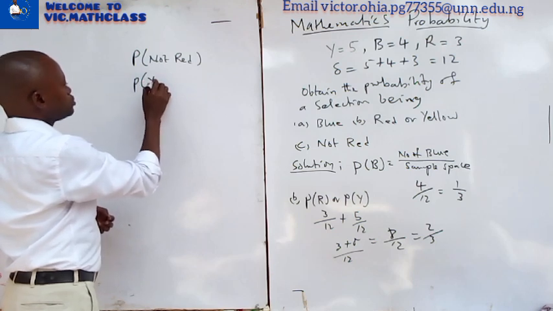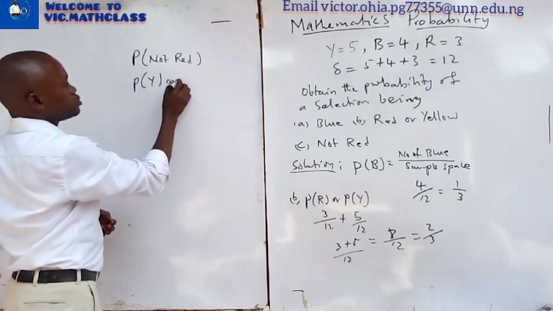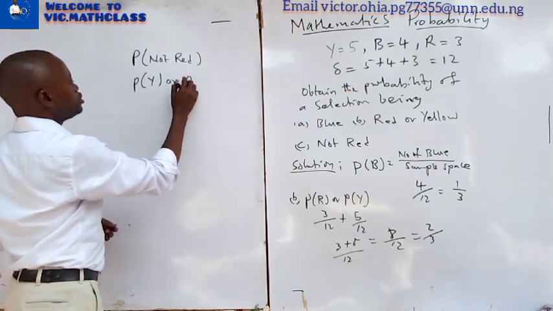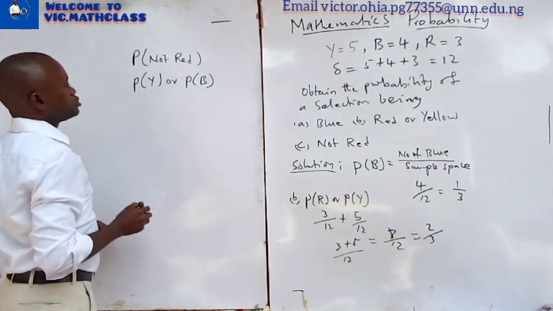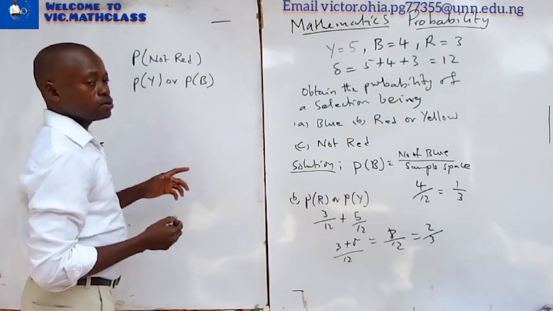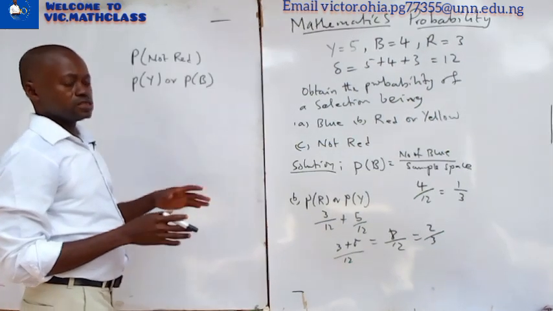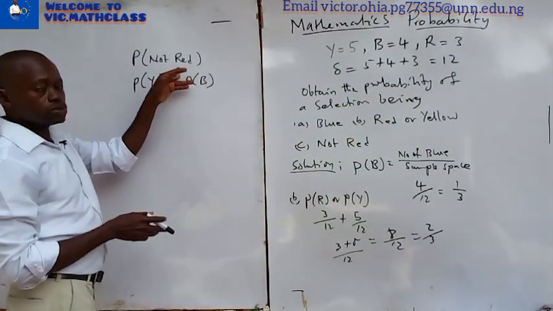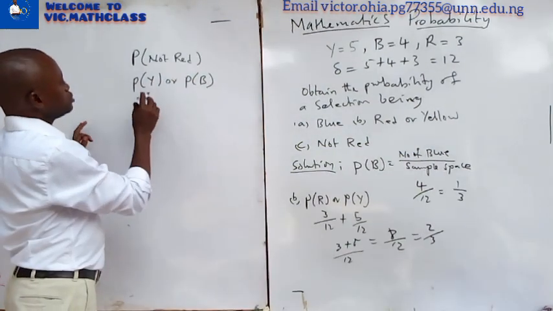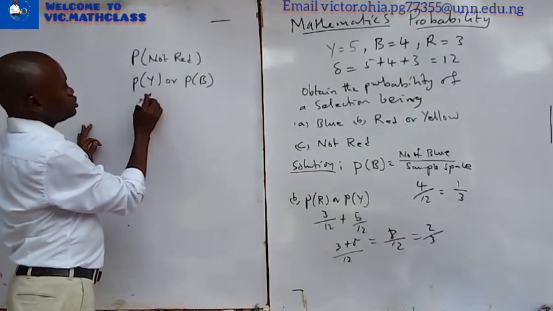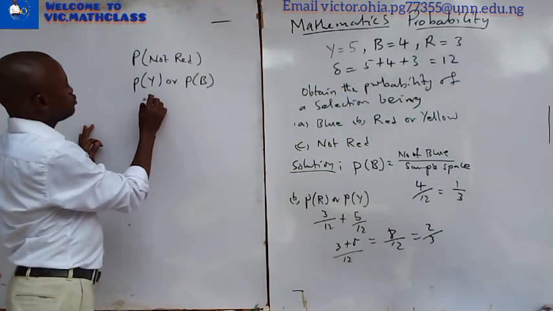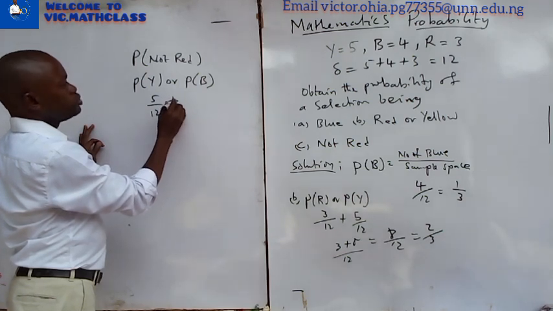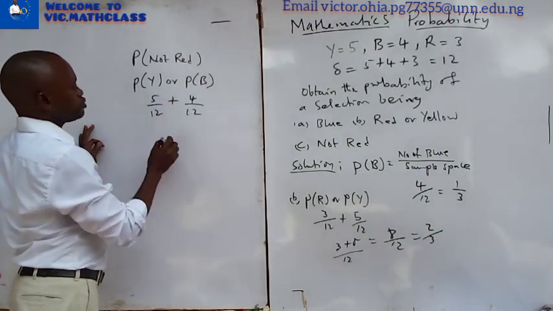or blue. Or in another mathematical way, you can say it is 1 minus the probability of red. So for yellow, this will be 5 over 12 plus blue, which is 4 over 12.